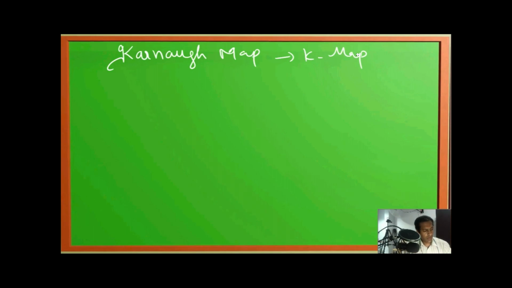So we may have 2 to the power n possible combinations of product terms in SOP, or 2 to the power n possible combinations in POS form. For a two variable K-map, we will have 2 to the power 2, that is 4 cells or squares.